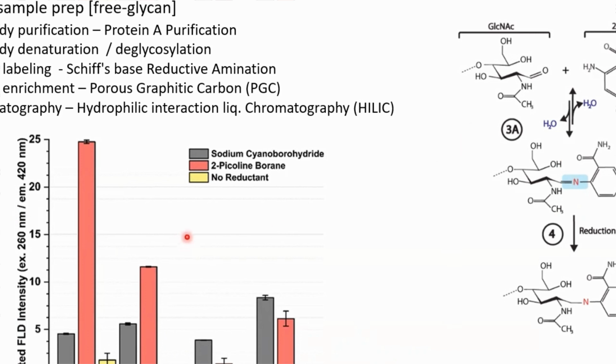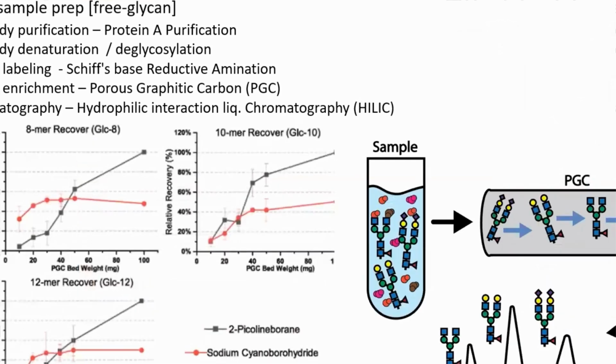So you can see here some of the experimental work that we've done, and what we've been interested to see is that under these aqueous conditions, which is the only way we can make this automated system work, we're able to increase the sensitivity of the assay, or the production of these labeled glycans, by using 2AB in conjunction with 2-picoline borane rather than sodium cyanoborohydride. So the next step is to remove that excess label.